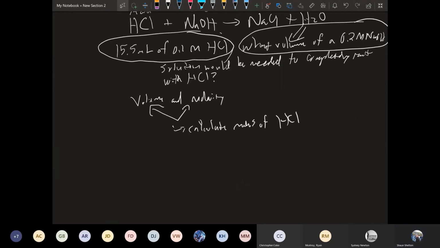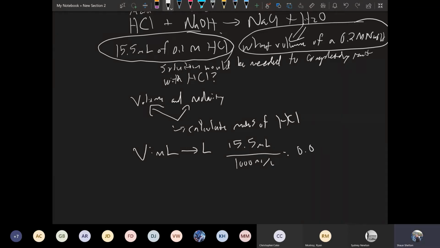So how do we do that? Well, first of all, our volume is in milliliters. We need to convert this into liters. So we have 15.5 milliliters. We're going to divide that by 1,000 milliliters per liter.